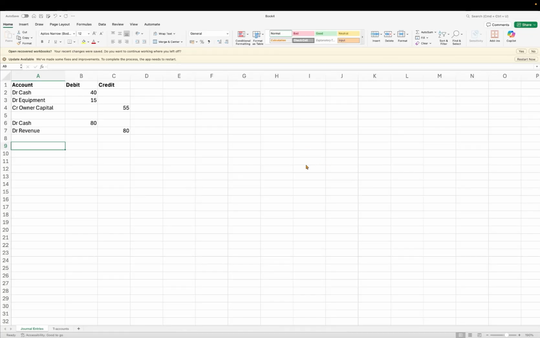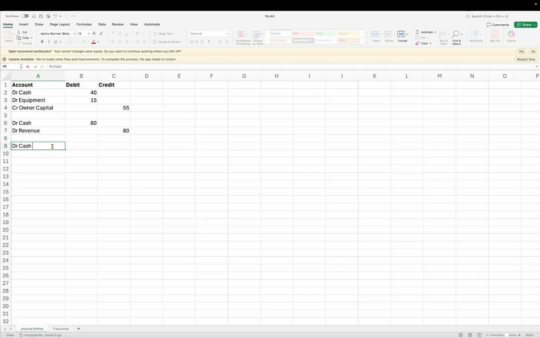Now I record the journal entry for the third transaction. The company receives 120 loot from the merchant guild because the business receives cash. The cash account increases. Cash is an asset, and assets increase with debits.